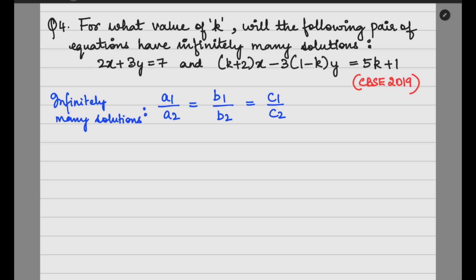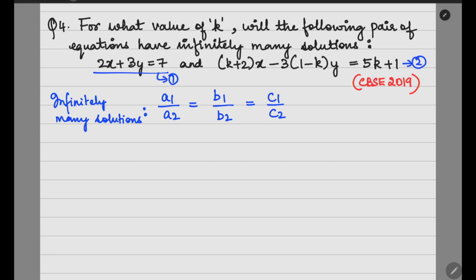It will definitely satisfy a1 by a2. a1 is nothing but the coefficient of x in the first equation, and a2 is the coefficient of x in the second linear equation. b1 and b2 are the coefficients of y in the first and the second equations respectively, and c1 and c2 are the constants. Let this be the first linear equation and this the second.